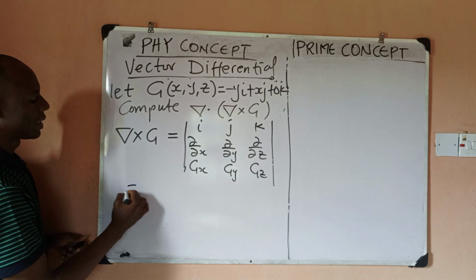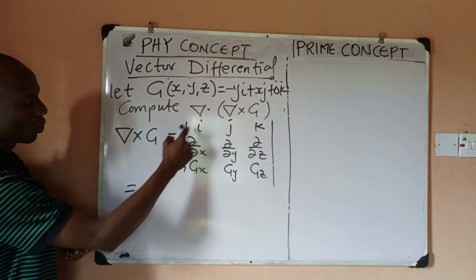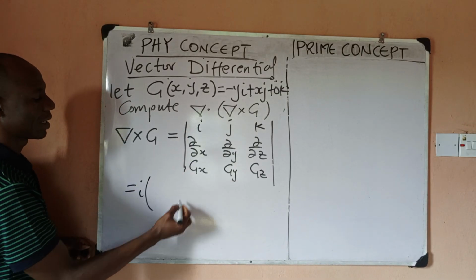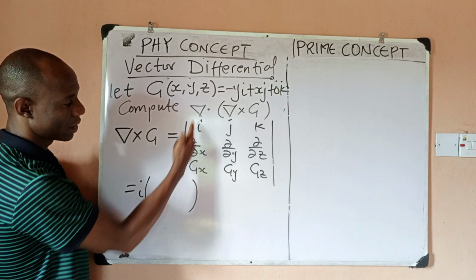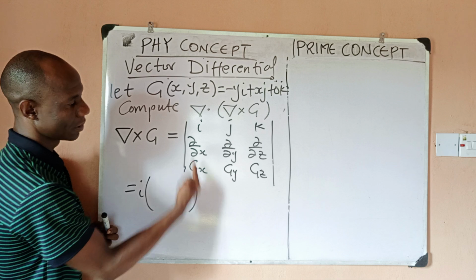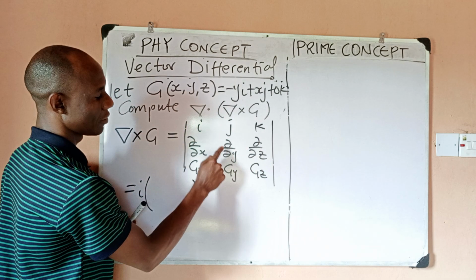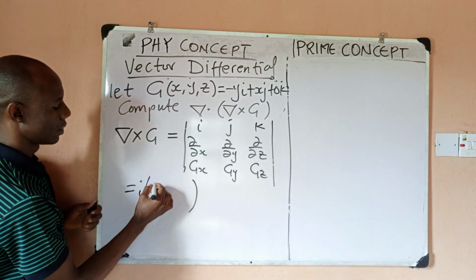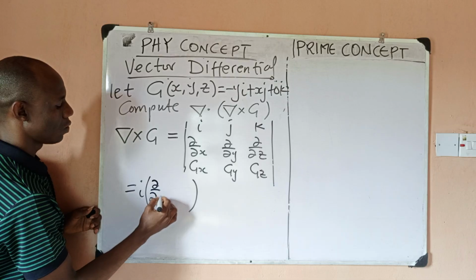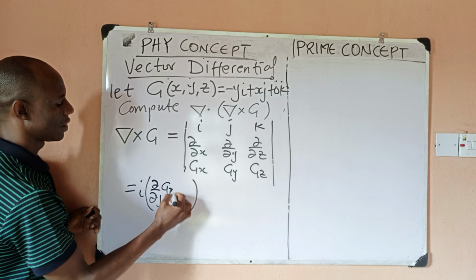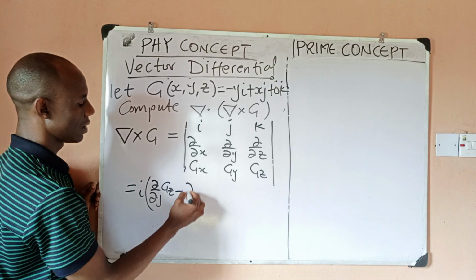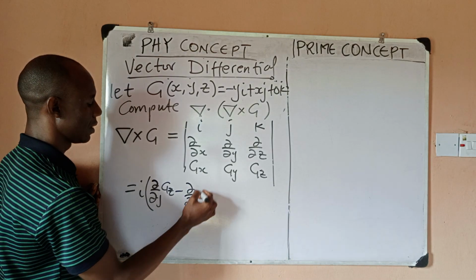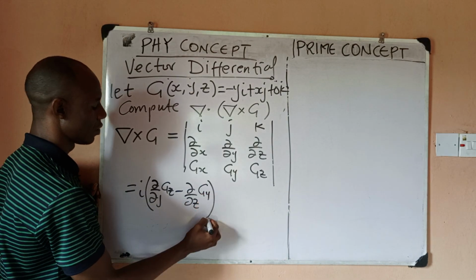Using our determinant method, we have i outside our bracket. We want to find the determinant of this matrix. You close this part, you close this part. You'll be left with this times this, which is d/dy of G of z, minus this times this, which is d/dz of G of y. This is what you have.